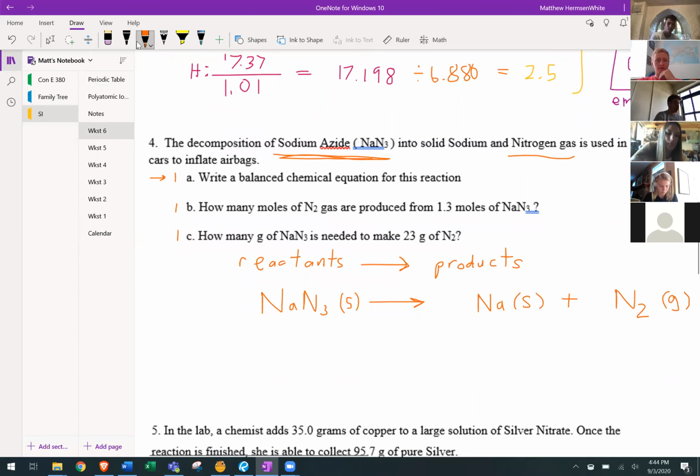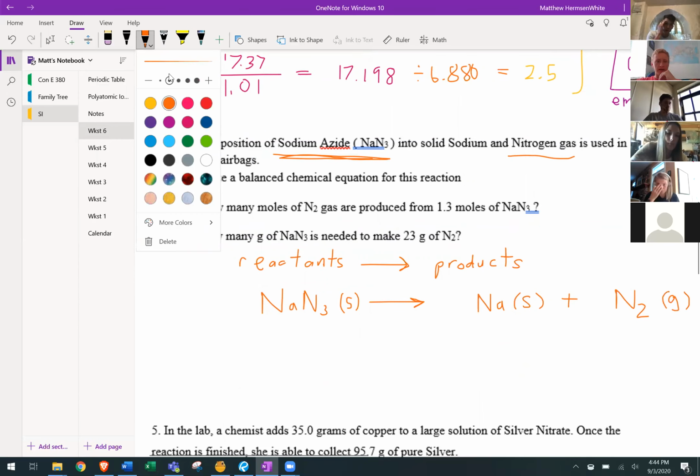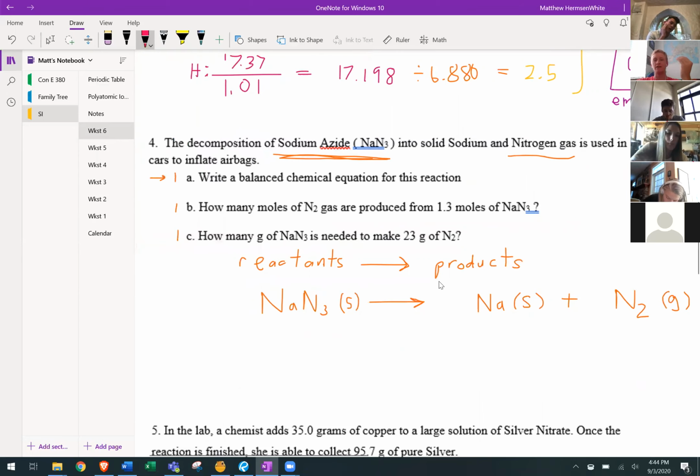So we have our products and reactants. And the next thing we have to keep in mind when we're doing chemical reactions is that it's balanced. Now, does anyone want to explain what I mean by balanced? The same amount of atoms are on each side of the reaction.